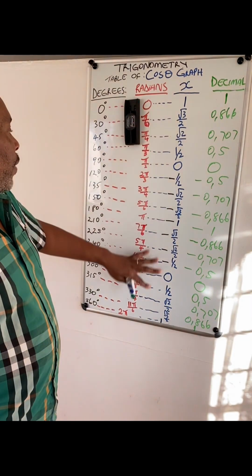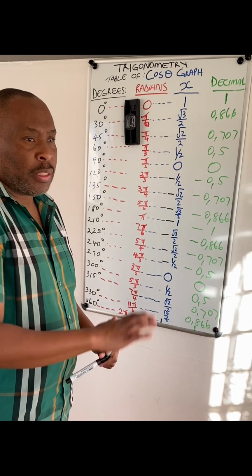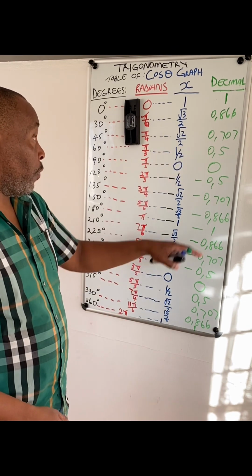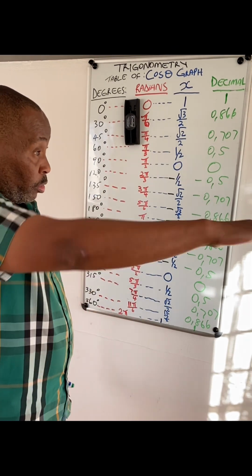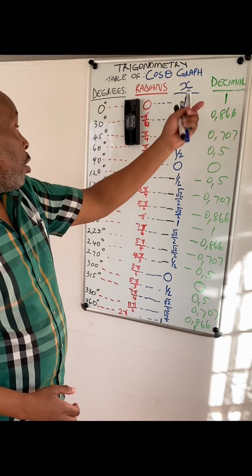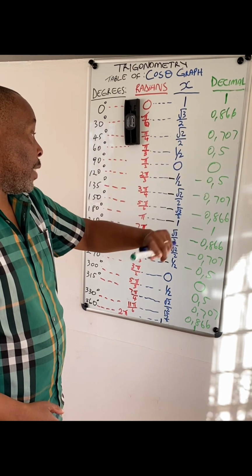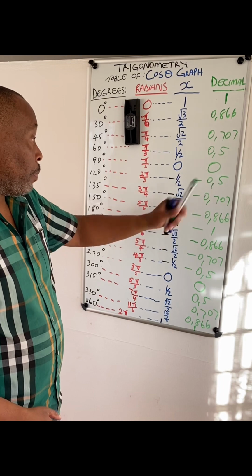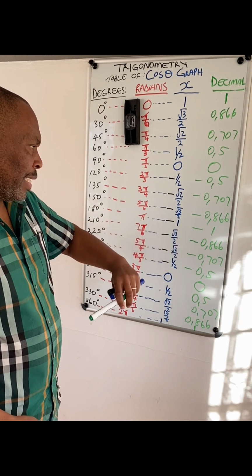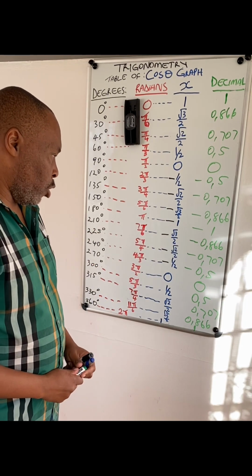With this given, if you know this, you can table your graph straightforwardly. You follow these values: you put your degrees on the x-axis, you put these values on the y-axis: 1, 0.866, 0.7, 0.5, and 0, and then below 0 it's minus 0.5, minus 0.707, minus 0.866, and minus 1.